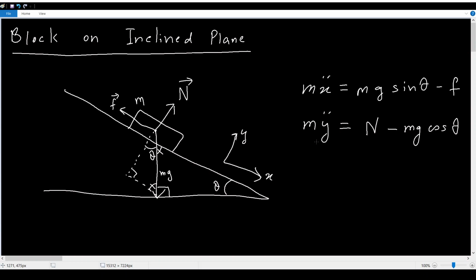So let's just take the y equation. Since the block is on the plane and it's not going inside, causing a dent, nor is it flying in the air, y double dot has to be necessarily 0. So we get the result that the normal force is mg cos theta.